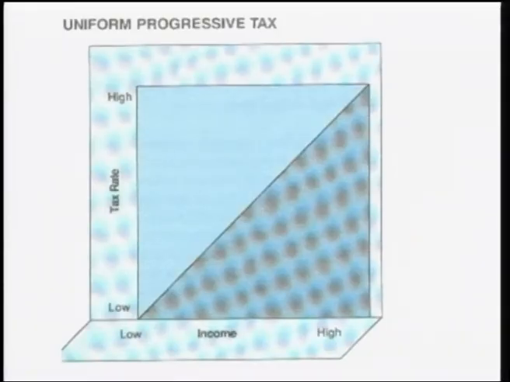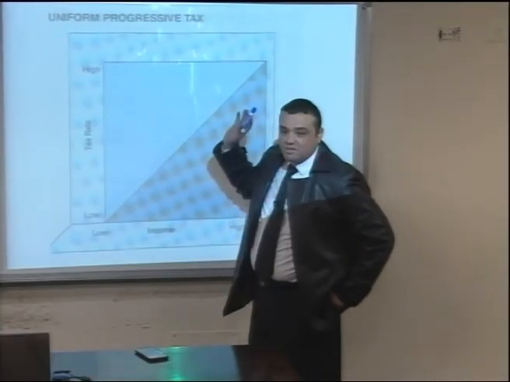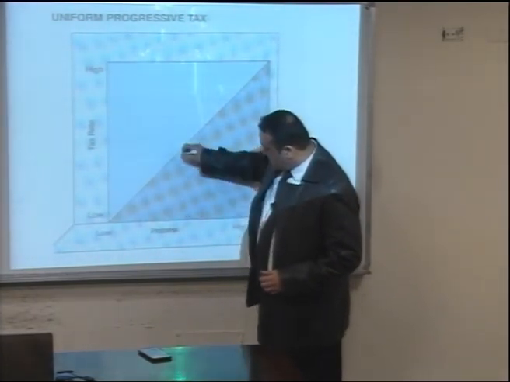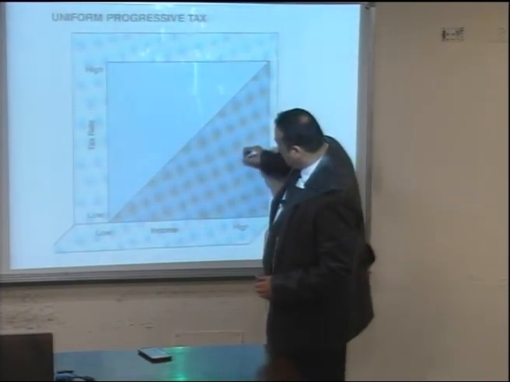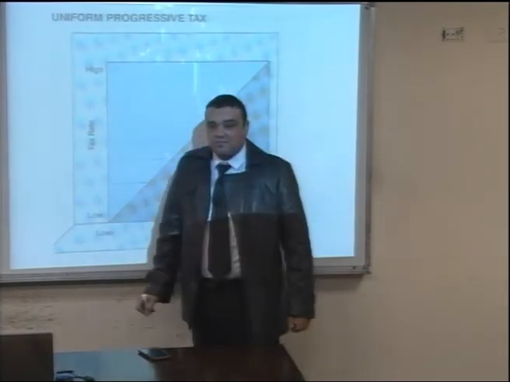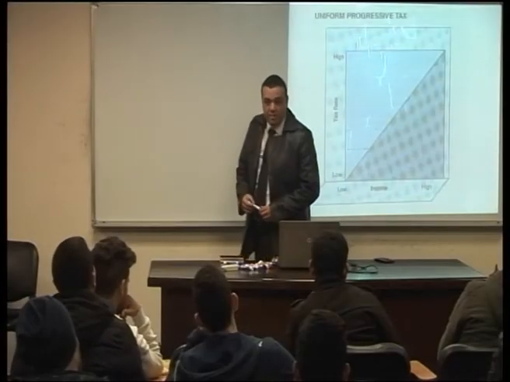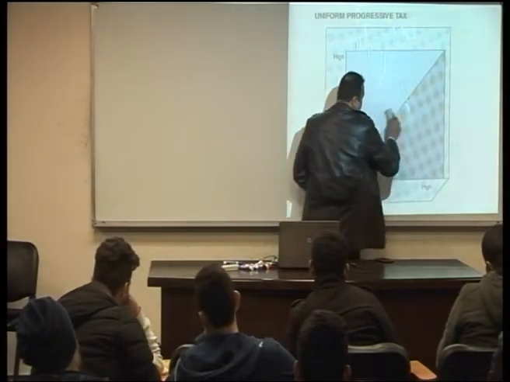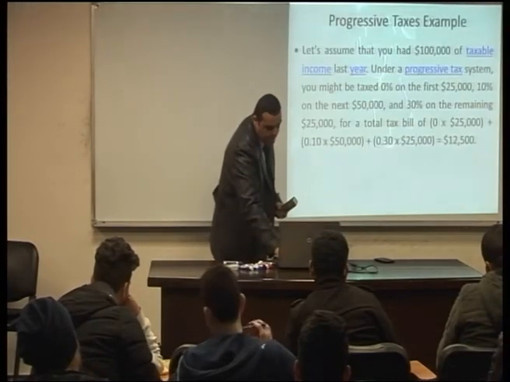Progressive taxes means that as the income increases, the tax rate increases. That's it. These are the brackets. There is a positive relationship between income and tax rates. Let's go to the example, and then we will come back to the narrative.